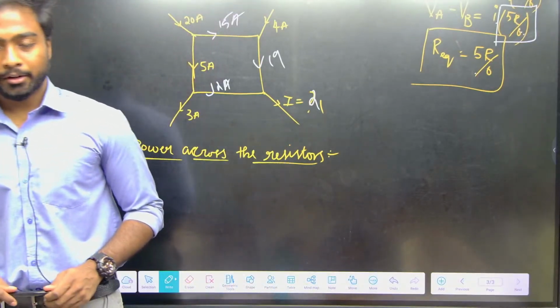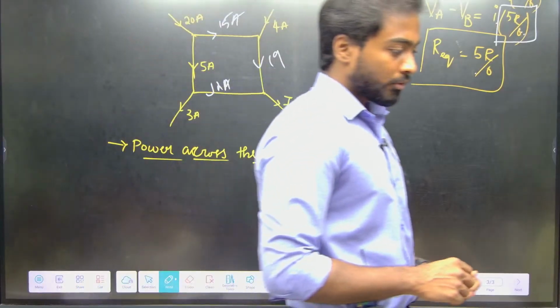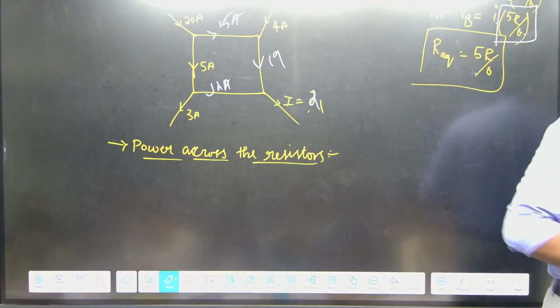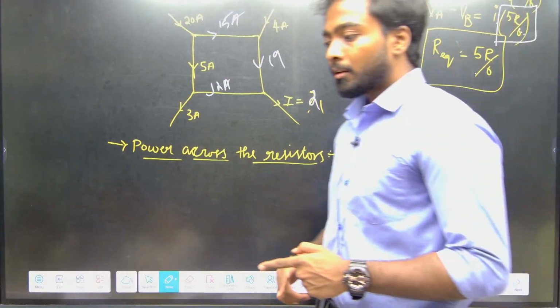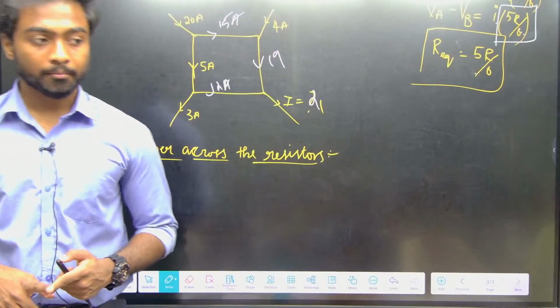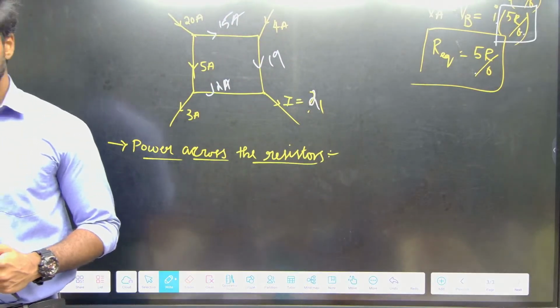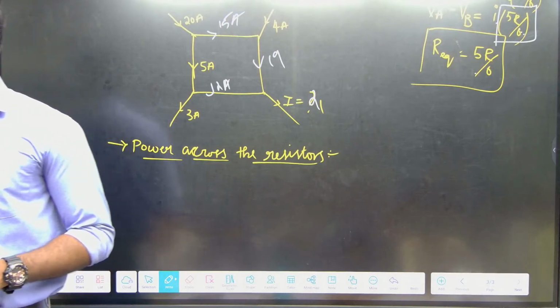Whenever current flows through a resistor, heat is lost.